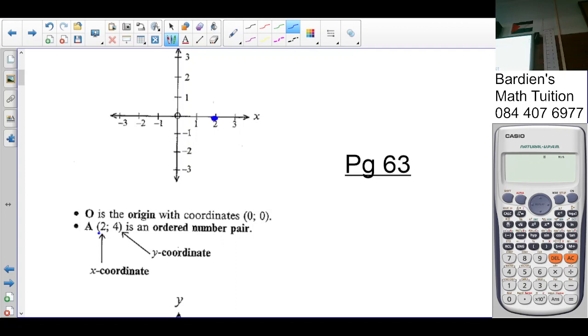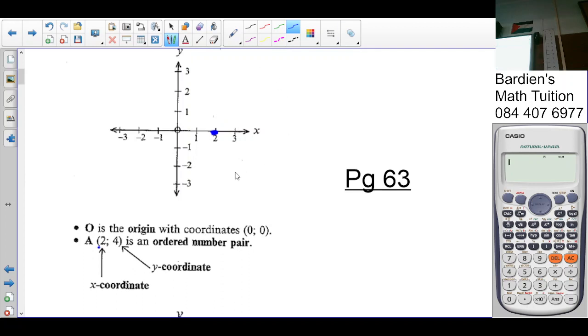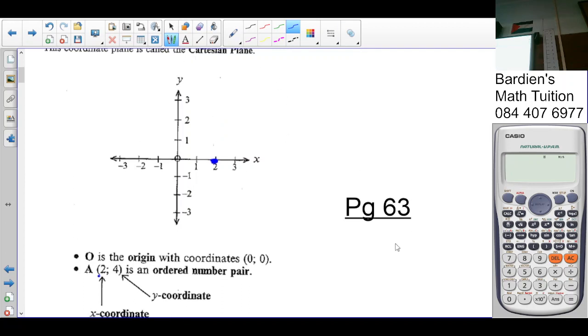Can you see it? And where's your y? 4, which is a bit higher than that, not so? Okay, so they didn't draw it in, so I'm going to draw it in, okay? That is normally straight. The board needs to be aligned for some reason.